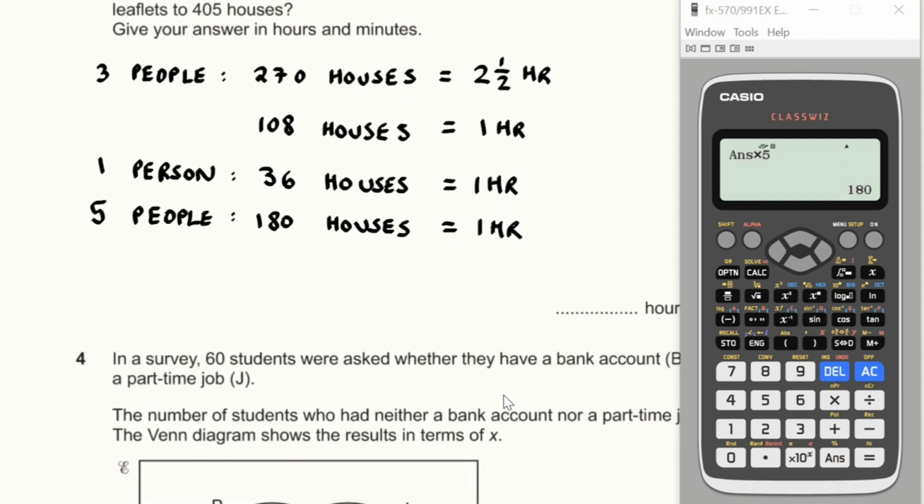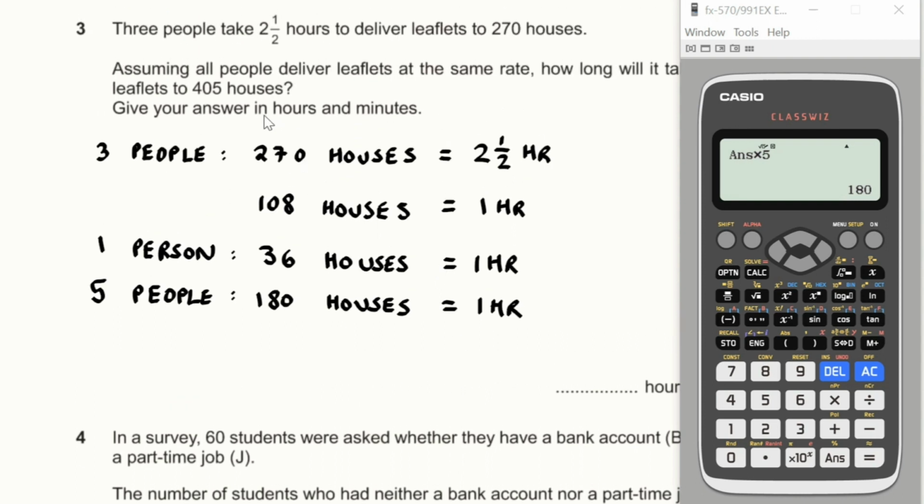And so what we need to find out is how long it will take to deliver leaflets to 405 houses for 5 people. So if I work out what this is, to go from the 180 to 405, I need to multiply by 2.25.